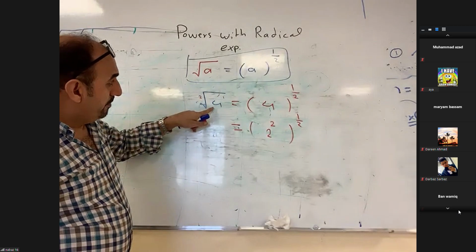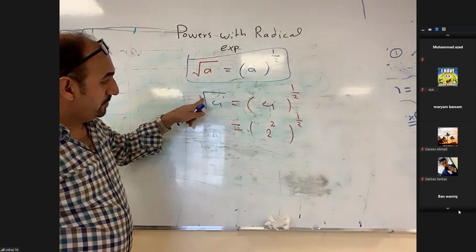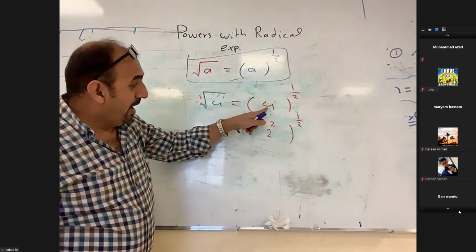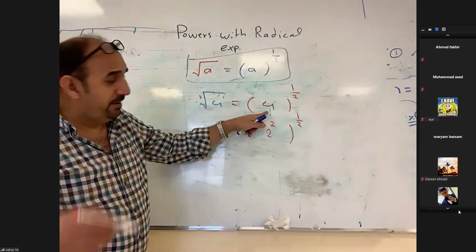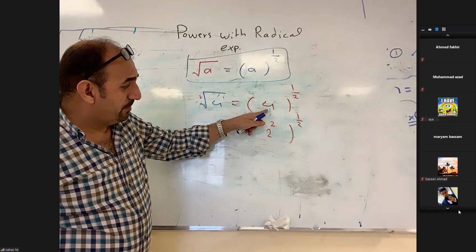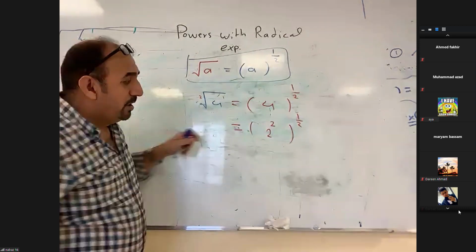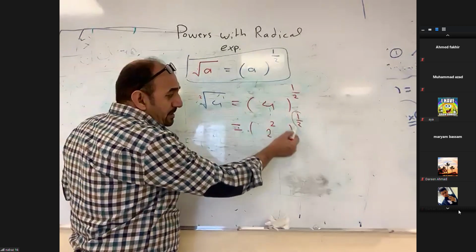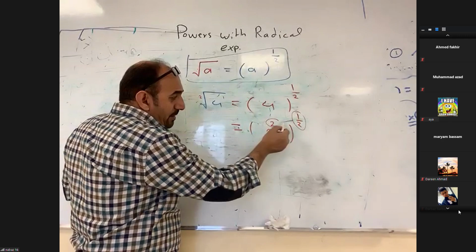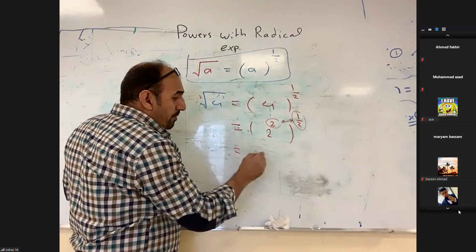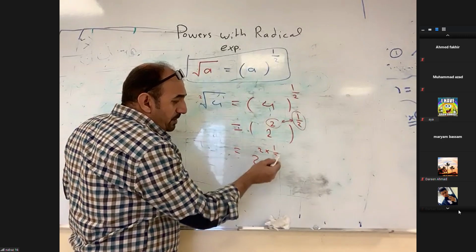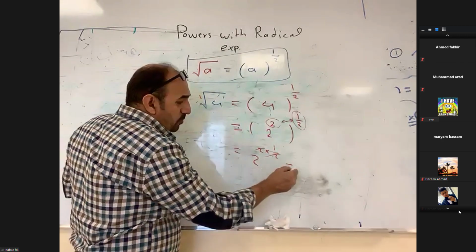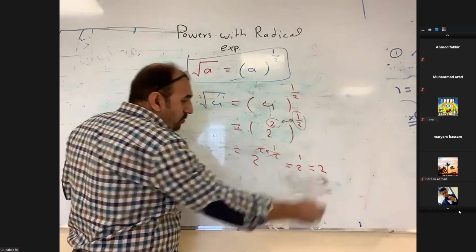The square root of 4 by this rule will be 4 to the power 1 over 2. And if we change 4 to 2 to the power 2, now this exponent times this one gives 2 to the power 2 times 1 over 2. This will cancel, so it will be 2 to the power 1, which is equal to 2.